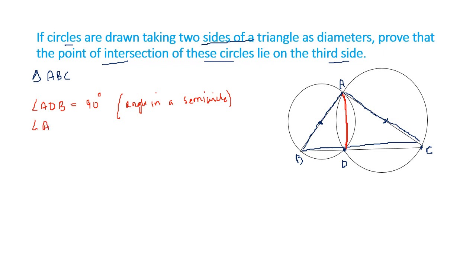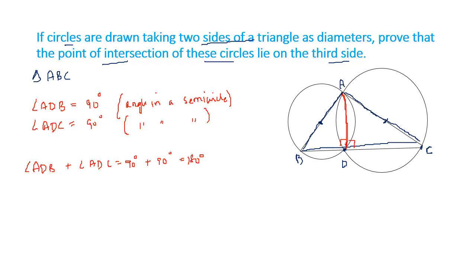Similarly, angle ADC is also equal to 90 degrees, because it is mentioned AC is the diameter, so this is also a semicircle. Now we have angle ADB plus angle ADC equal to 90 plus 90 equal to 180. So this was 90, angle in a semicircle, this was 90.